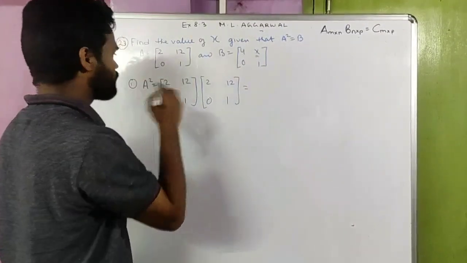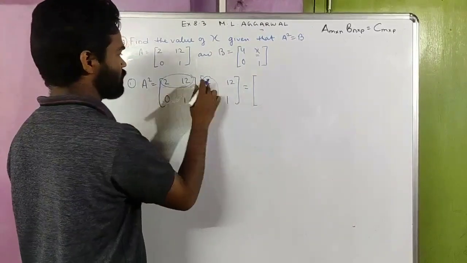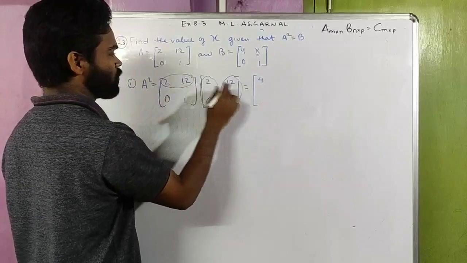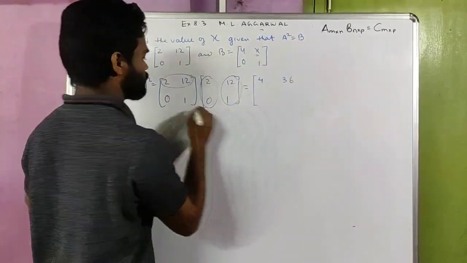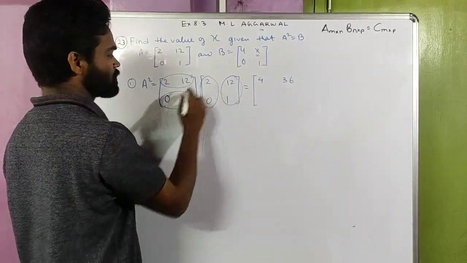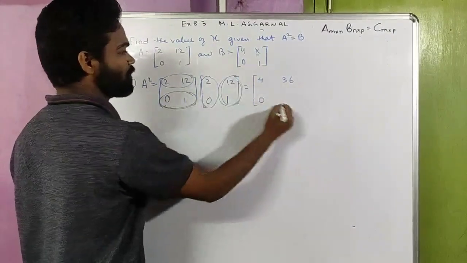We know how to multiply. The first row multiplied by the first column. So that's 4 plus 0, that's 4. Then the first row multiplied by the second column, 24 plus 12, that's 36. Then this is second row, first column, this is 0, 0. And second row, second column, that's 0 and that's 1.